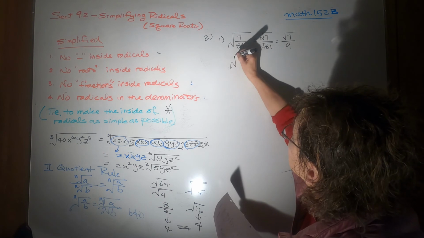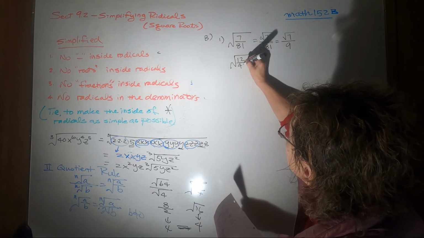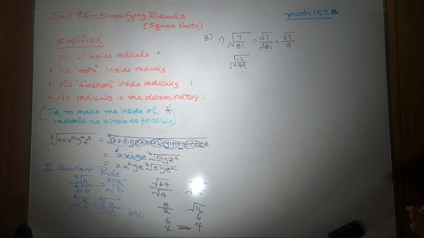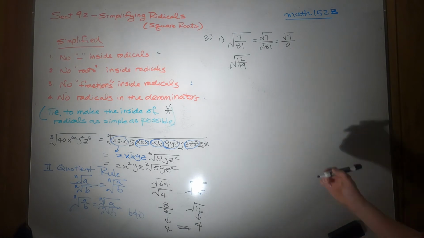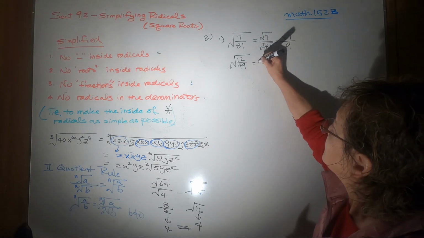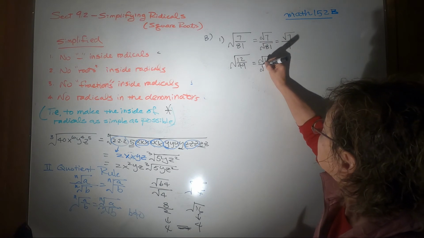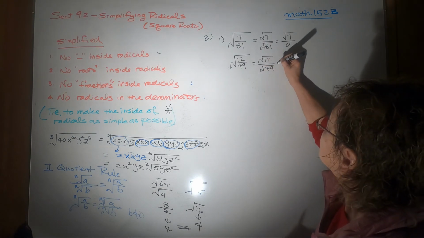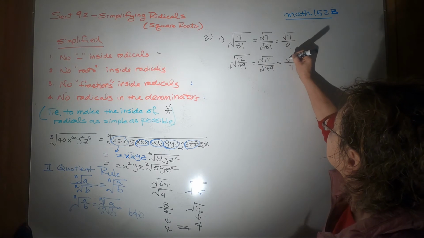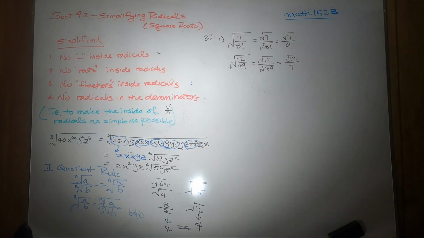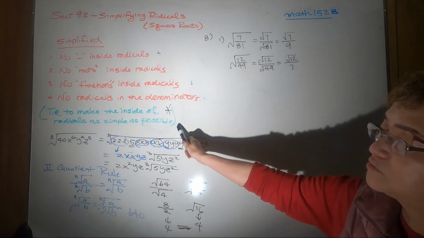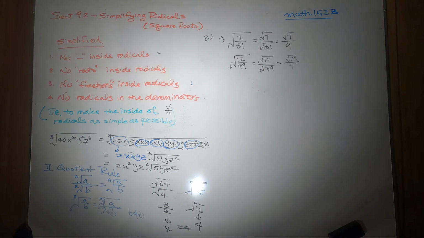Okay, so if you have the square root of 12/49, you can see that 49, oh yeah, we can split them, make a good number of it, right? Because the square root of 49 is a good number, so you split them. So that would be the square root of 12 over 7. Then you need to double check, are you done or not? Because at the same time, we want the inside of the radicals as simple as possible.